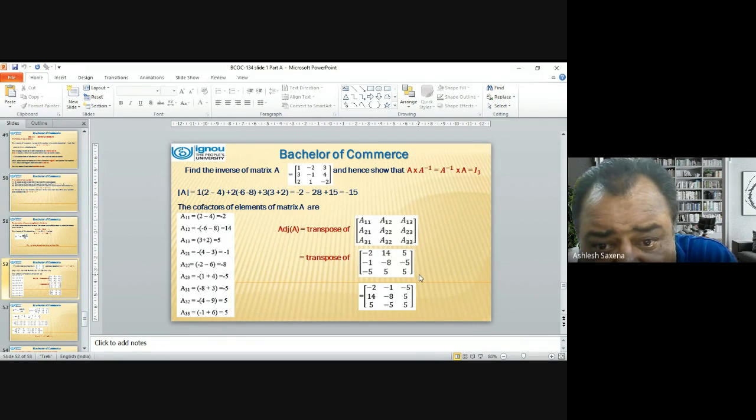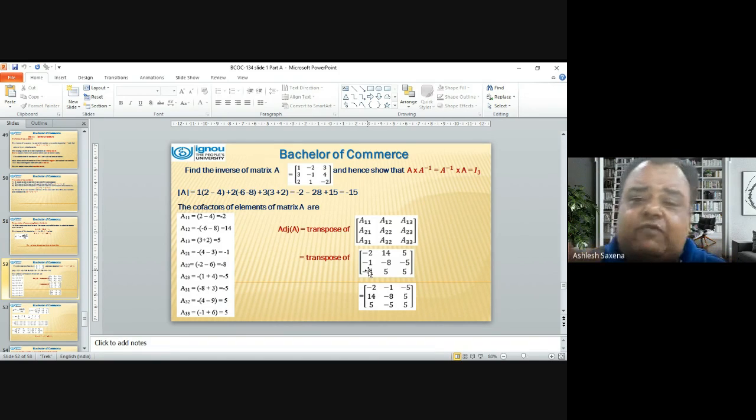I have to transpose it to get the adjoint, so I will write this in column form: minus 2, 14, 5, minus 1, minus 8, minus 5, minus 5, 5, 5. This is the adjoint of A. Now what do we have to calculate? The inverse.